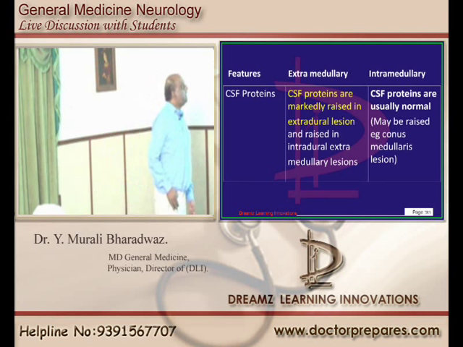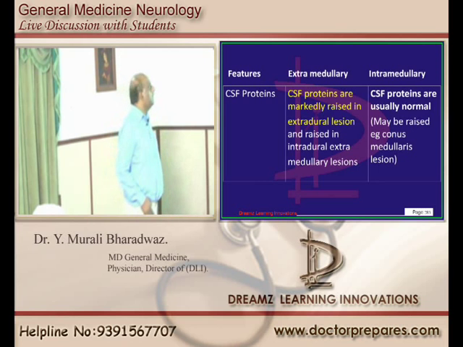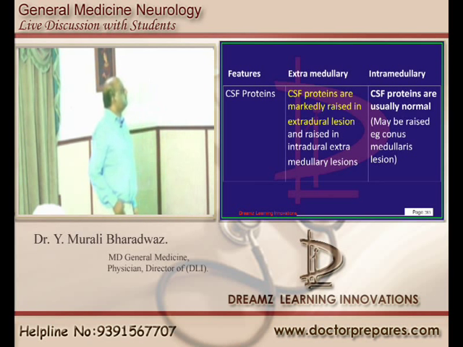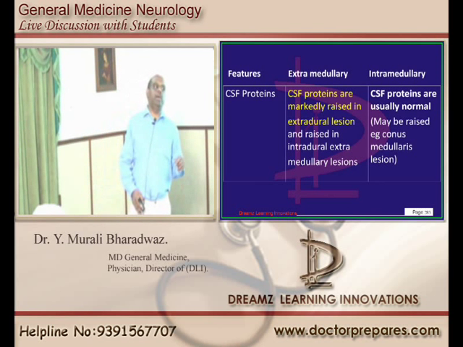Then CSF proteins are usually normal in intramedullary. CSF proteins are markedly raised if it is an extradural lesion, and it is raised in the intradural extramedullary lesions. Why? Because between dura, arachnoid, pia, which is outermost?